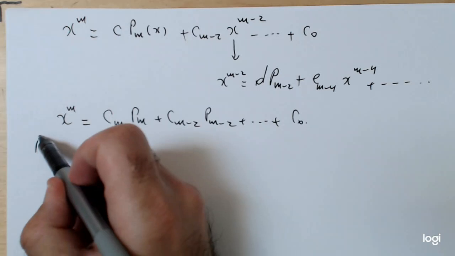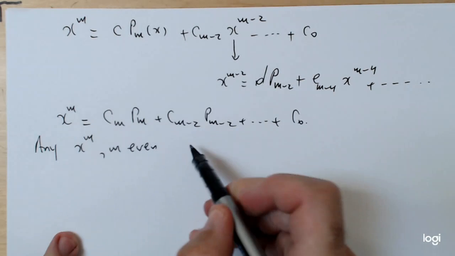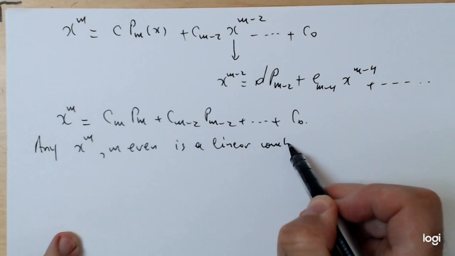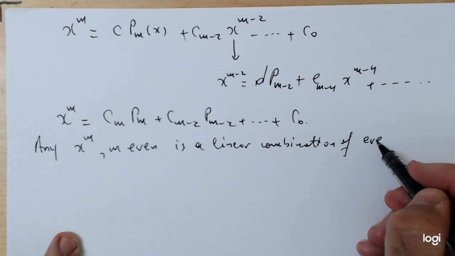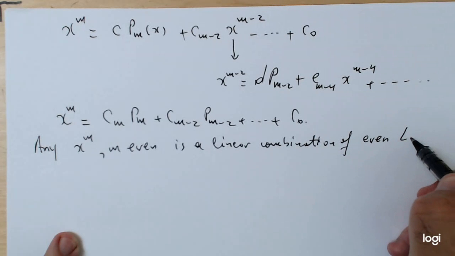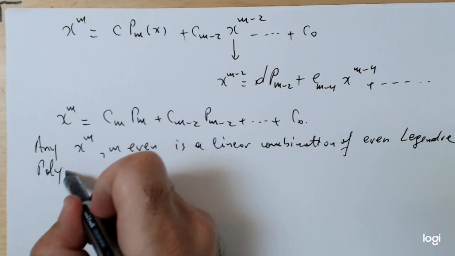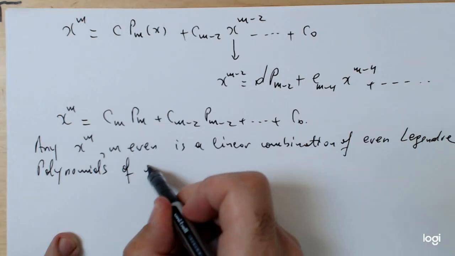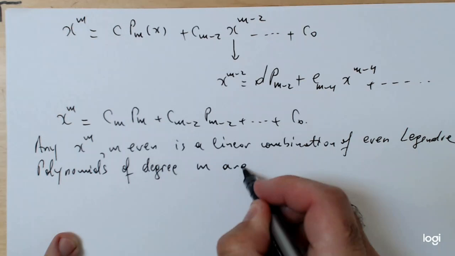Okay, so any x to the m with m even is a linear combination of even Legendre polynomials of degree m and less.